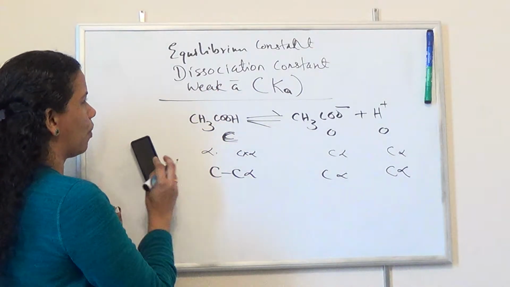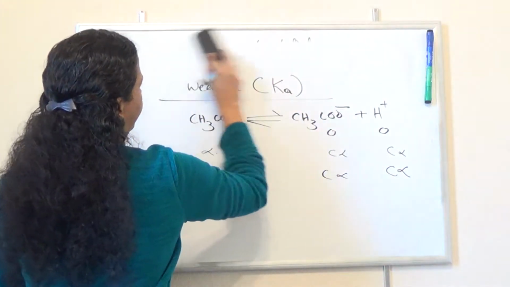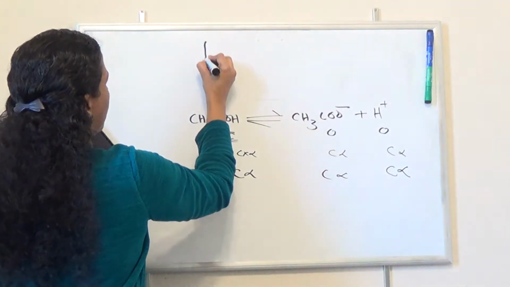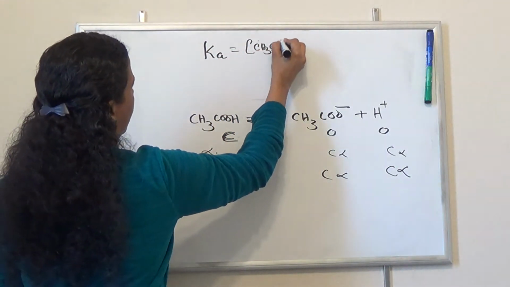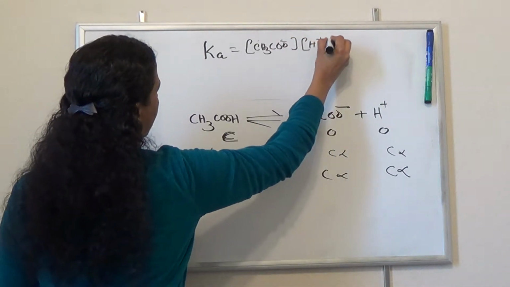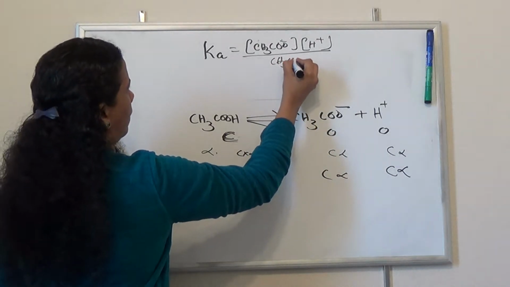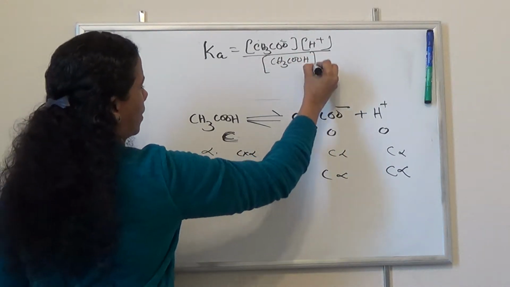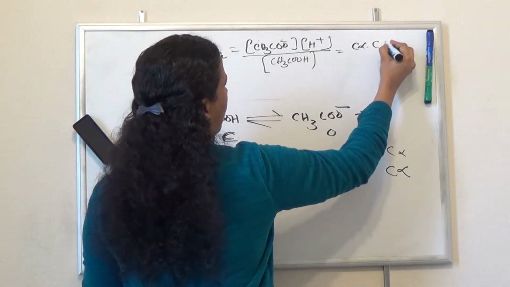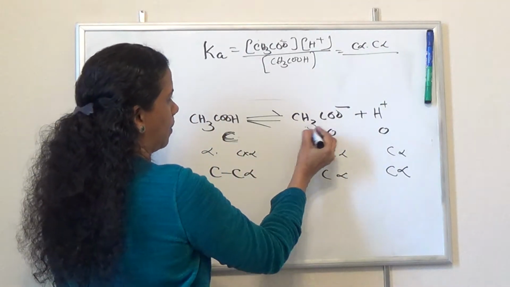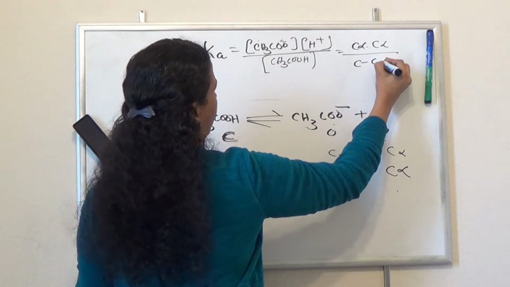Substitute these values in the equation for the equilibrium constant. Ka is equal to the concentration of acetate ion times the concentration of H plus ion divided by the concentration of acetic acid. Substituting, we get C alpha times C alpha divided by C minus C alpha.